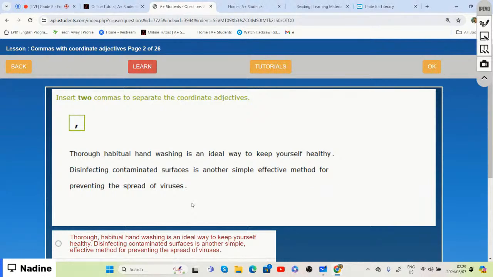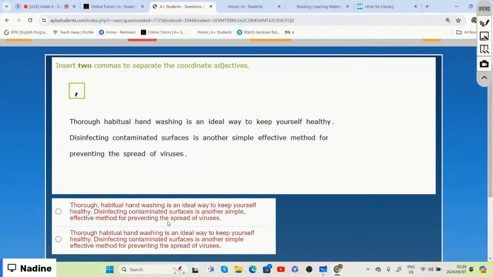We need to insert two commas to separate the coordinate adjectives. It says, thorough habitual hand washing is an ideal way to keep yourself healthy. Disinfecting contaminated surfaces is another simple effective method for preventing the spread of viruses. So now we are going to add two commas.